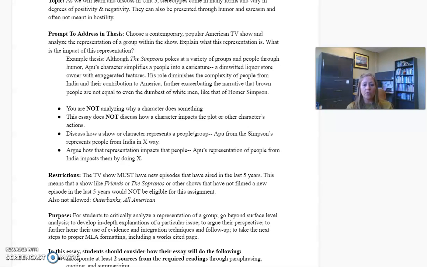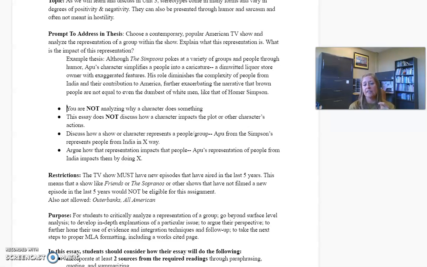Okay, so the group that we are analyzing are Indian Americans, or Indians, people from India, okay? And the representation is what's there, right? So he is represented as a caricature. He's a dim-witted liquor store owner, exaggerated features. He has no complexity.